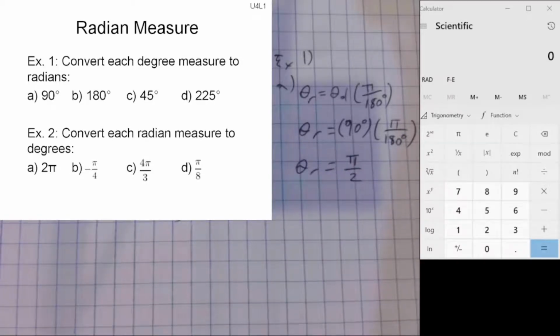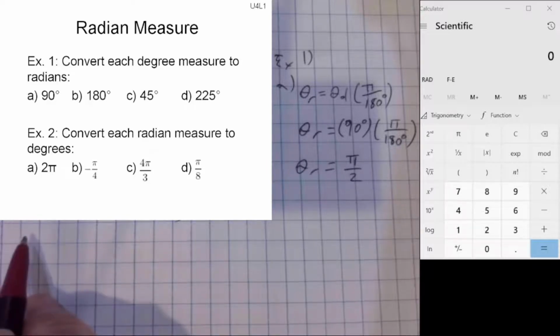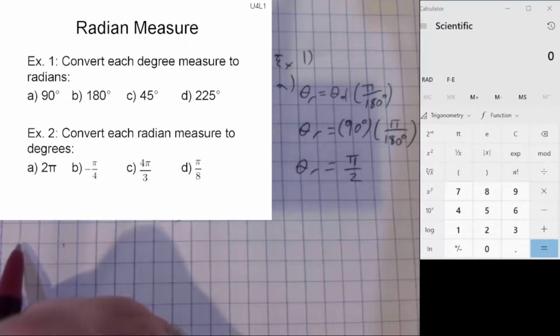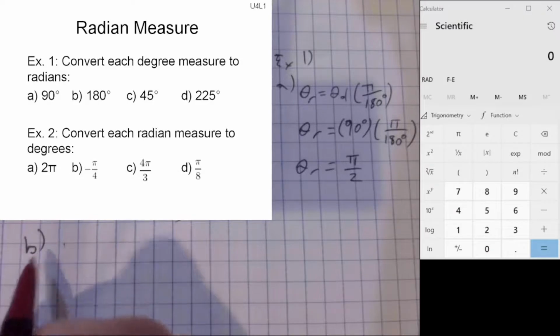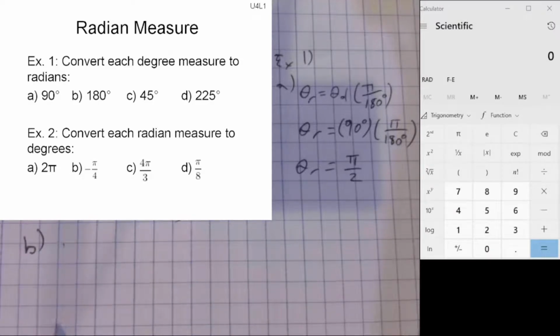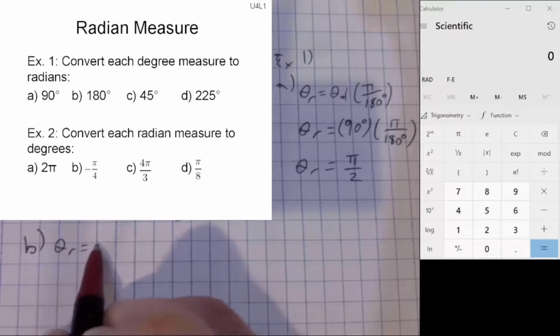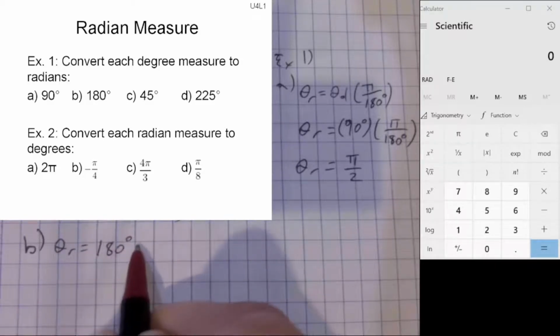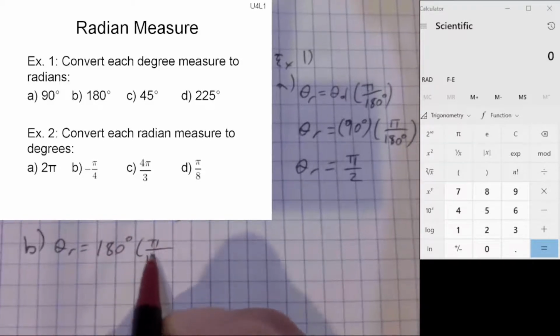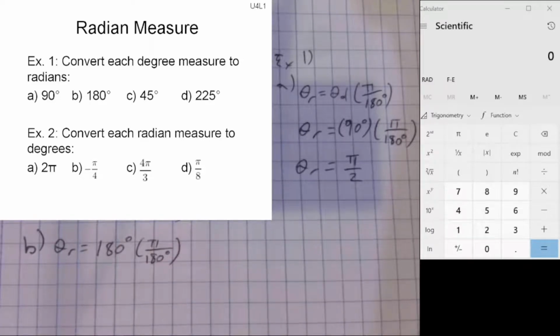So that's our first one. Let's continue with part B. We have 180 degrees times pi divided by 180 degrees. So this angle measurement is just pi.